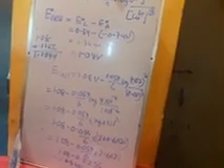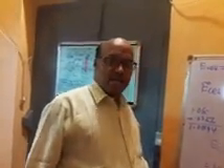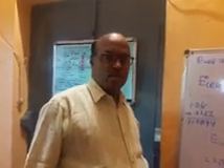This is the cell potential of this cell. So students, this is how we can calculate the cell potential. In the next class we'll discuss some more numericals. Thank you so much.